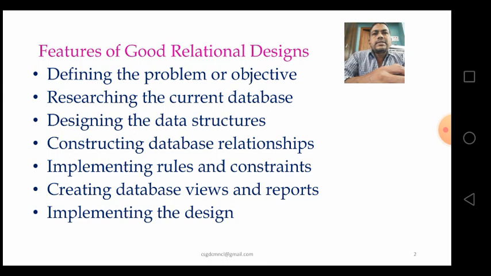Another one is designing the data structures. Another one is constructing database relationships. Another one is implementing rules and constraints, creating database views and reports, and implementing the design. These are the features of relational designs.